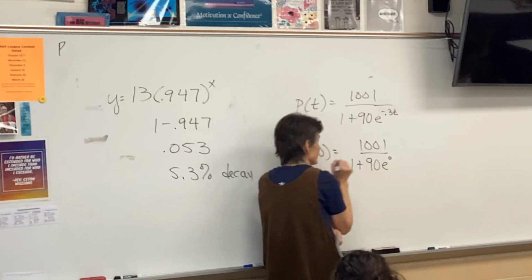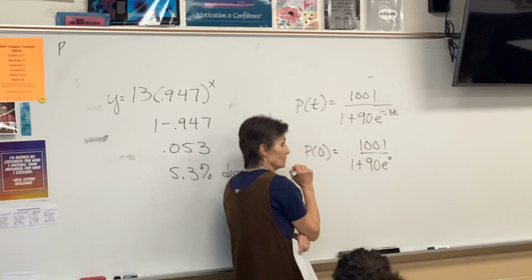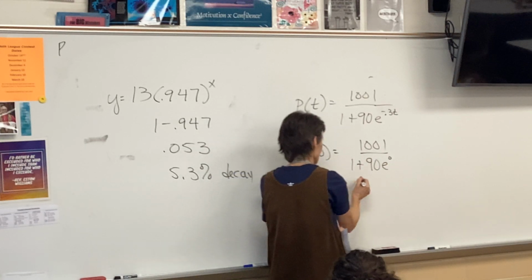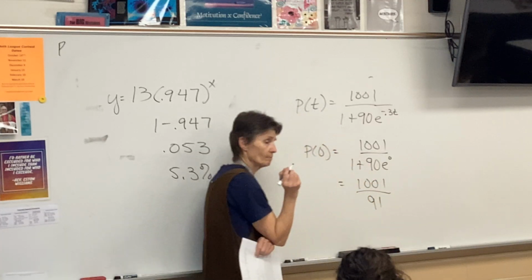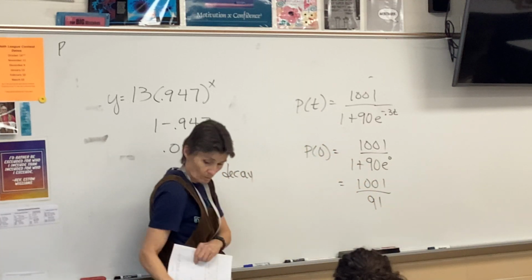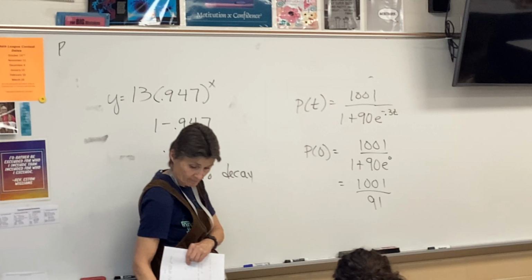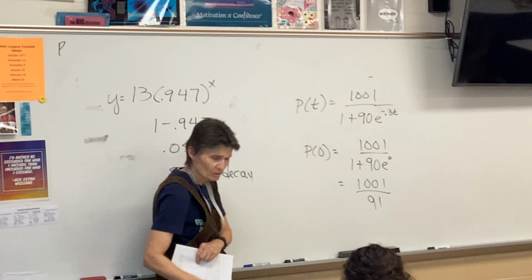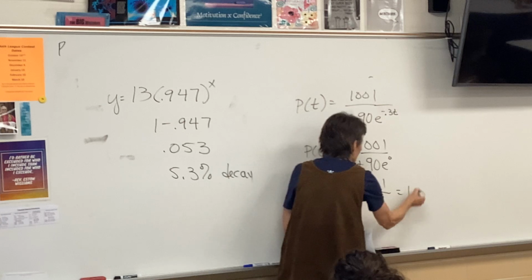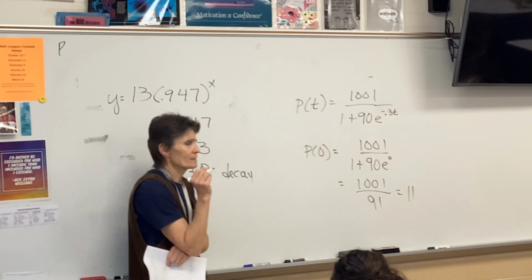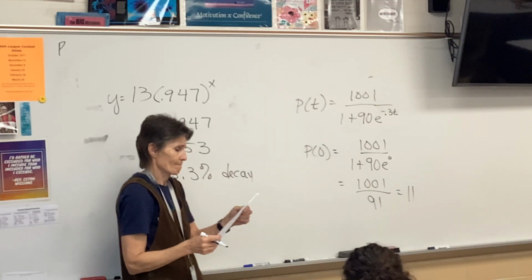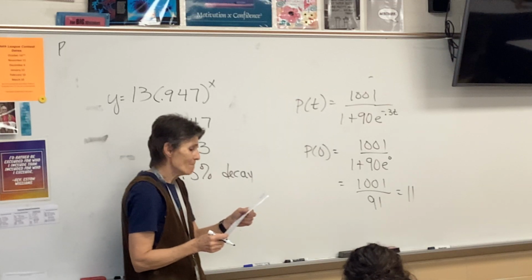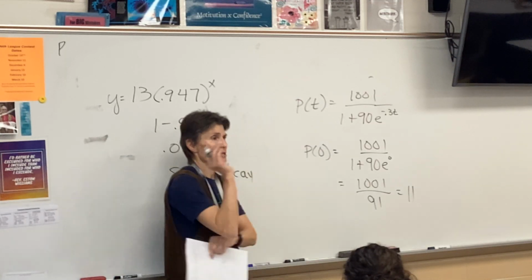What is e to the 0? 1. So isn't this just 1,001 over 91? Oh, this problem looks familiar. Yeah, it does. So the initial population was 11. What is the maximum population?